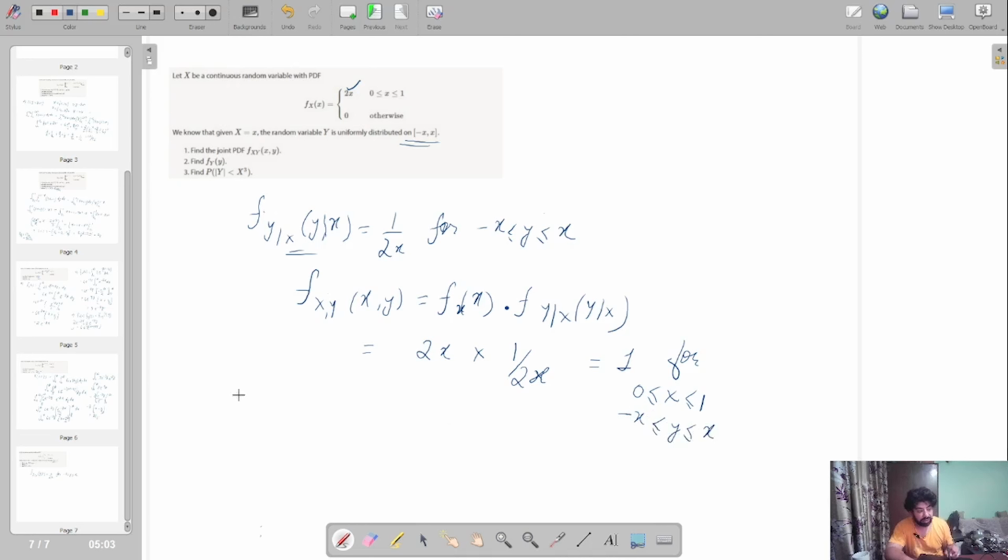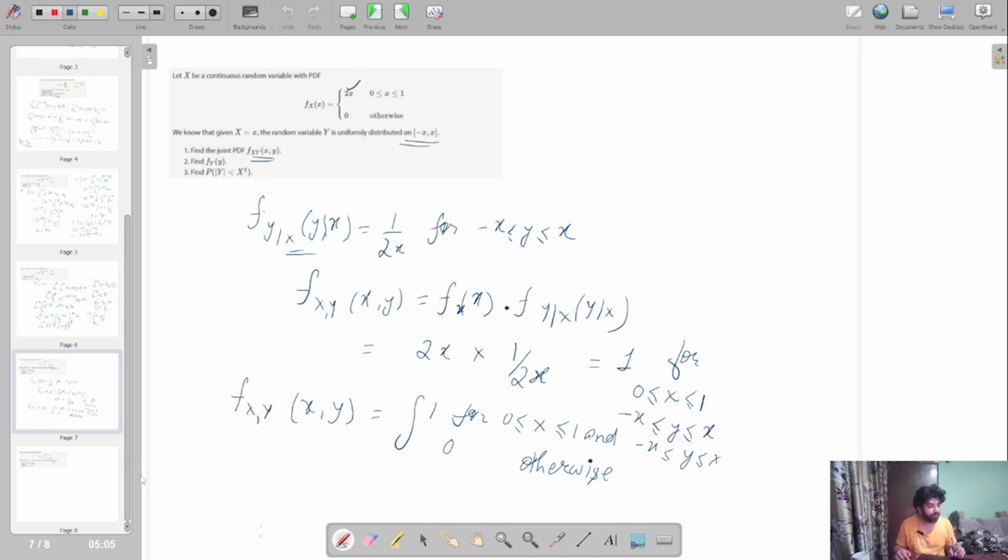So I can write down the joint PDF now: it is 1 for 0 less than x less than 1 and minus x less than y less than x, and it will be 0 otherwise, because it cannot be negative. So this will be the range for the joint PDF in this case.